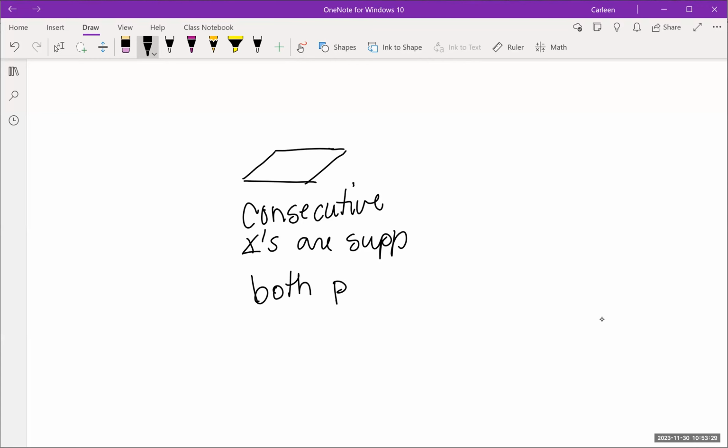So both pairs. If it's a trapezoid, so this is a parallelogram. By the way, you guys are asking excellent questions. I don't know why I said interior. Okay, they are interior.